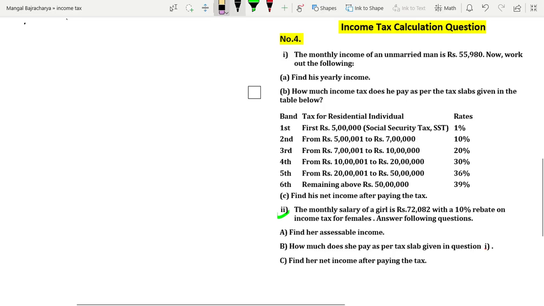Okay, so first I erased. Now we're doing second number. So what's said here in second number?